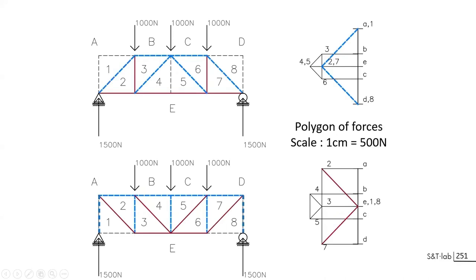This polygon enables you, with the same kind of notation, to know that if I take this node turning clockwise, I will have B2, 3, and B2, 3 is pushing in that direction, showing that this bar will be in compression. And you can assess which bar is compressed or in tension.